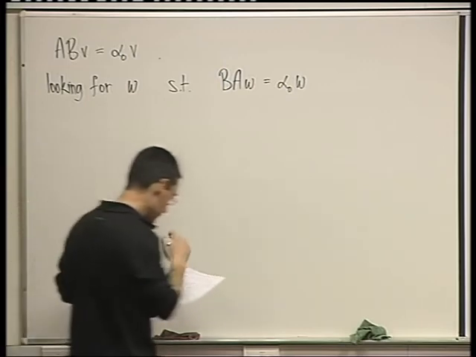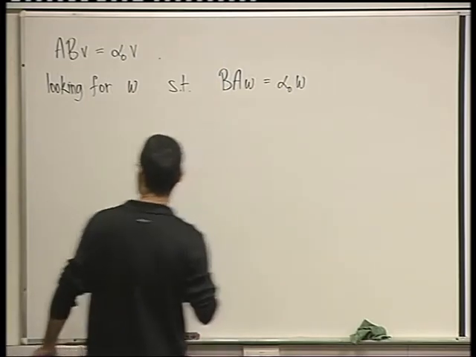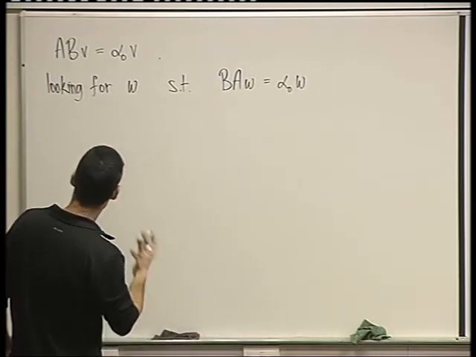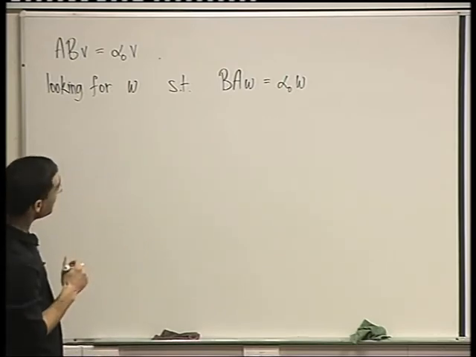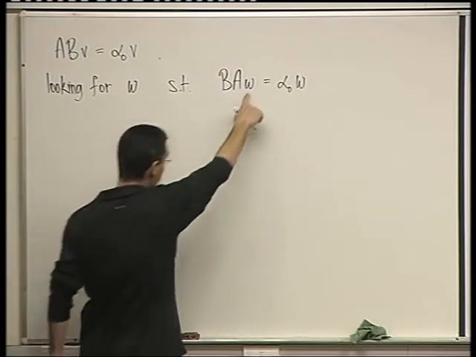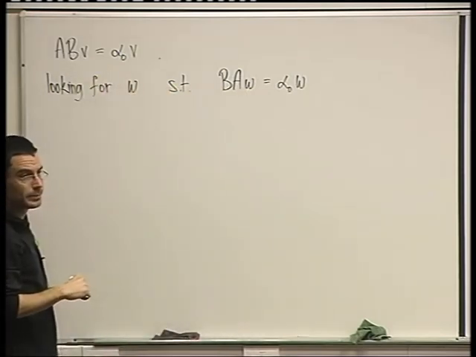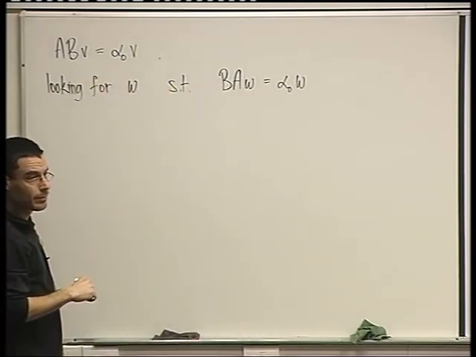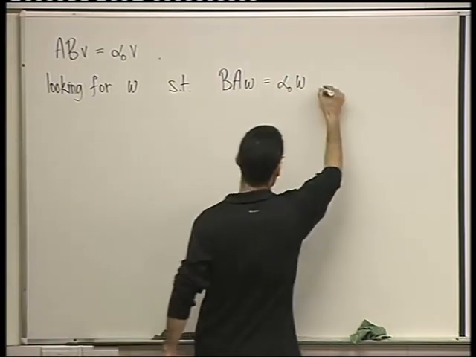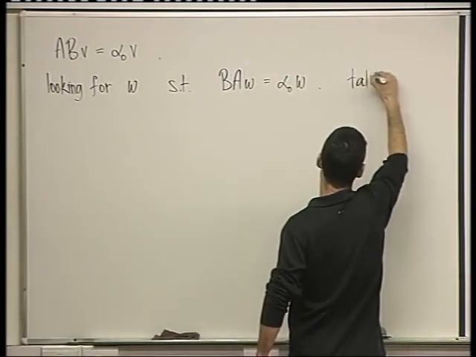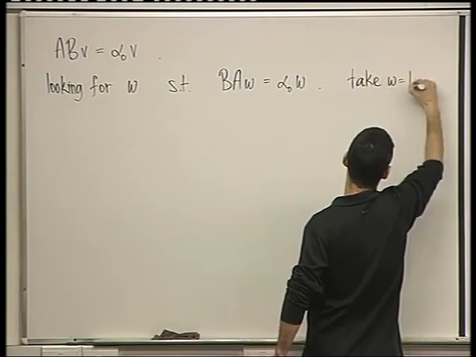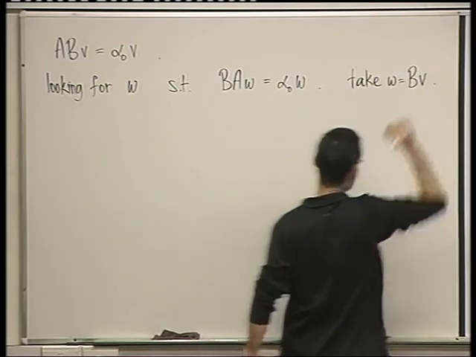Okay. So it's kind of a good guess to take W to be B times V. Take W to be B times V.